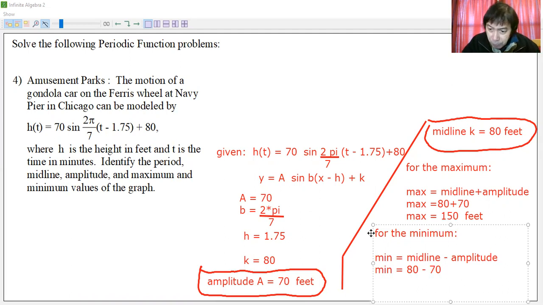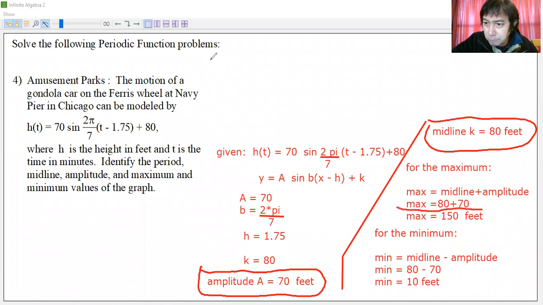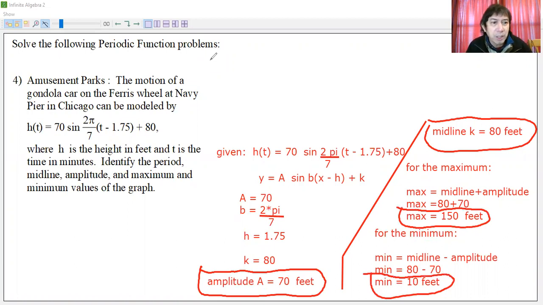So this will be equivalent to 10 feet. That's 80 minus 70. And so we have the max and we have the min there.